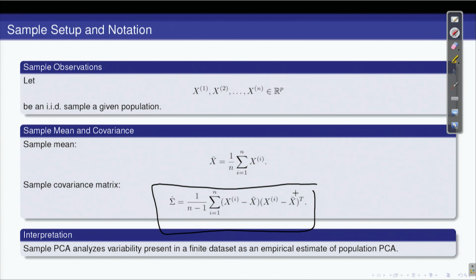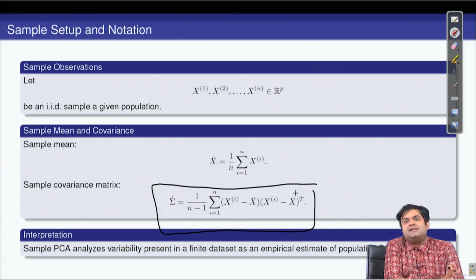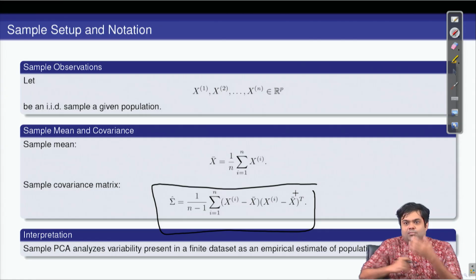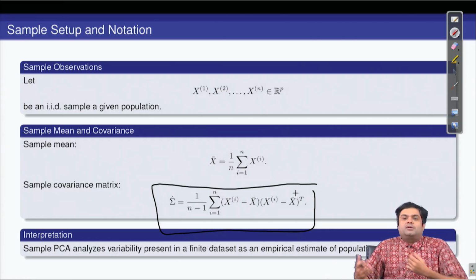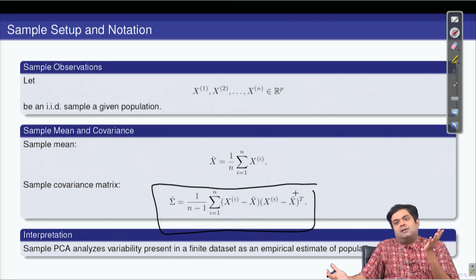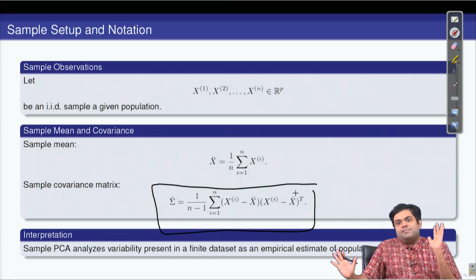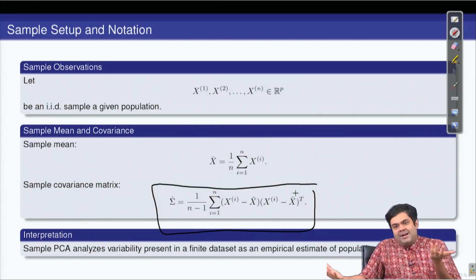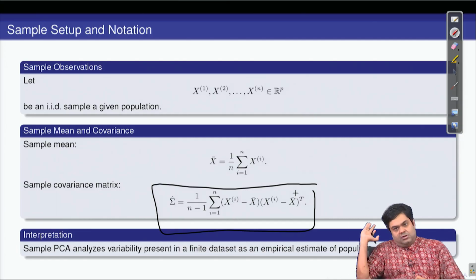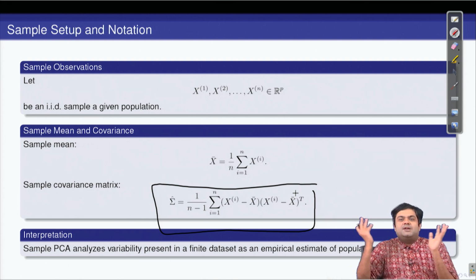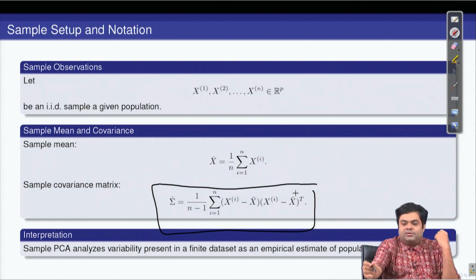Sample PCA basically analyzes the variability present in the finite data set with the hope that this is a decent representation of the population principal components. The underlying idea is that if the sample is a nice representative sample of the population, whatever phenomena are present in the sample moments and sample variabilities will reflect those of the population, and if the sample is large enough, it will more or less be close to the population.